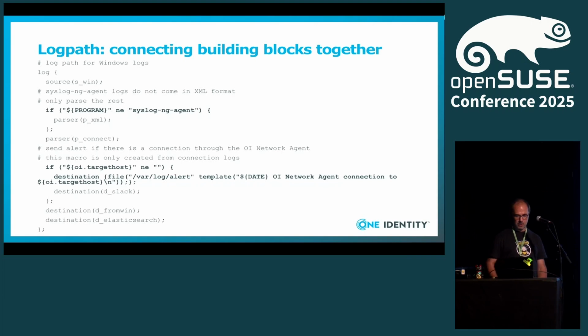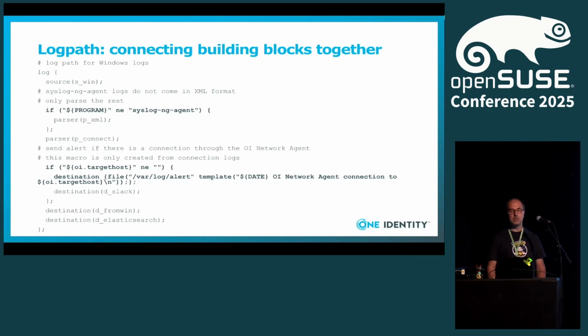And at the bottom of the screen, the next bold part is that we check if the name value pair exists, and if it exists, then we create an entry in a log file and also send the results to Slack in real time as soon as we detect that log message.